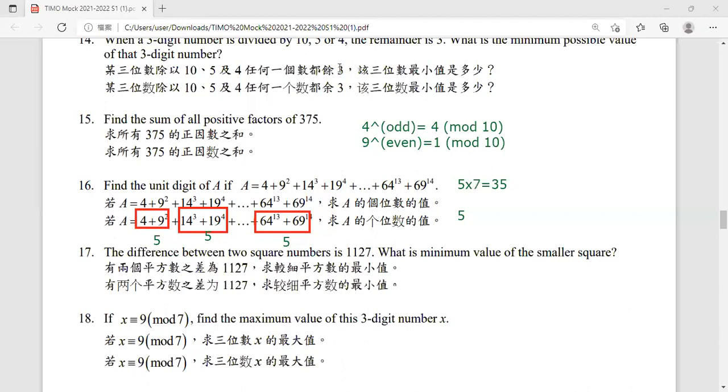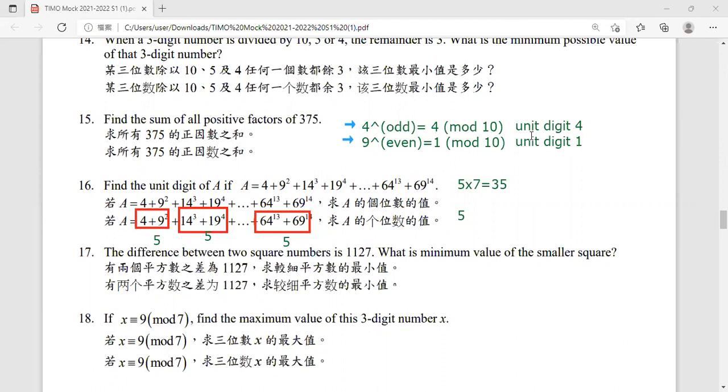Now you have to take these two facts, which means 4 mod 10 means unit digit 4, and 1 mod 10 means unit digit 1.